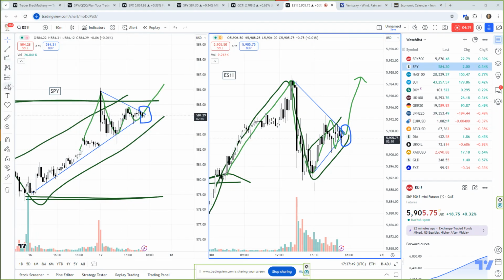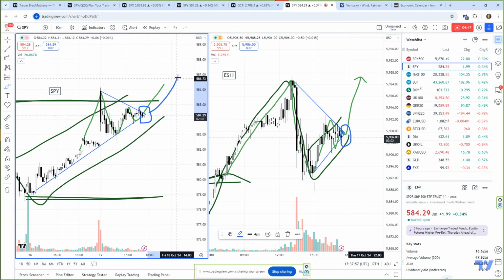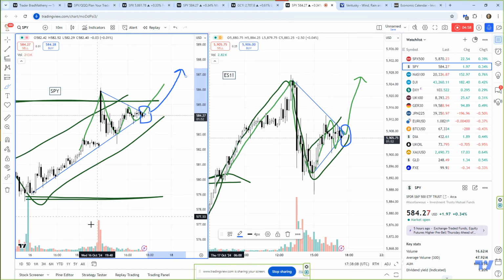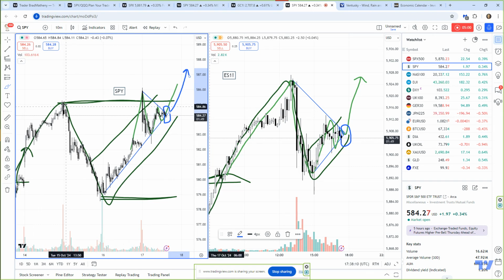This is 10-minute here, and this is 10-minute here. But remember, this was a very solid move to the upside overnight, really pushed strongly higher, but we could see this melt upward towards the end of the day, really solidly upward if my analysis is correct. And what we would be looking for, ladies and gentlemen, is a move above this 585.26. So I'll label that 585.26. That is our rough high level for this flagging apex.